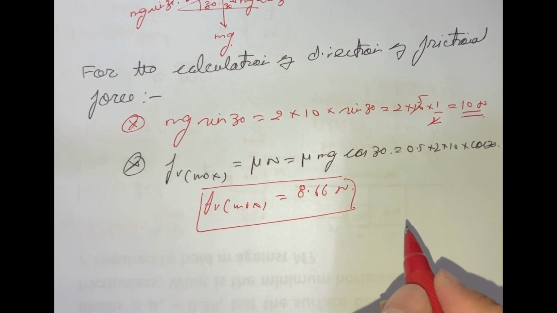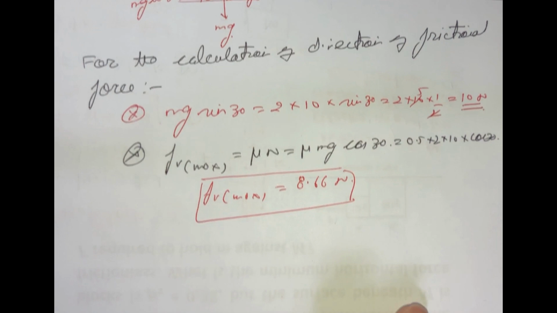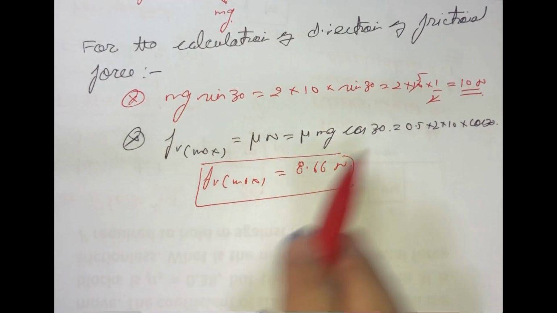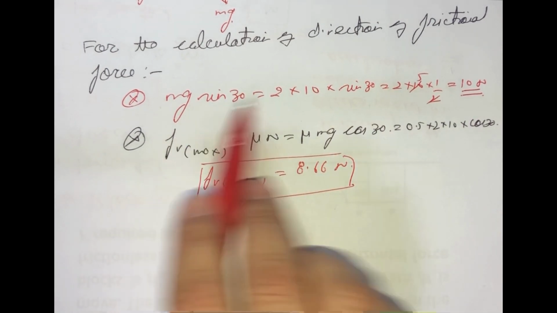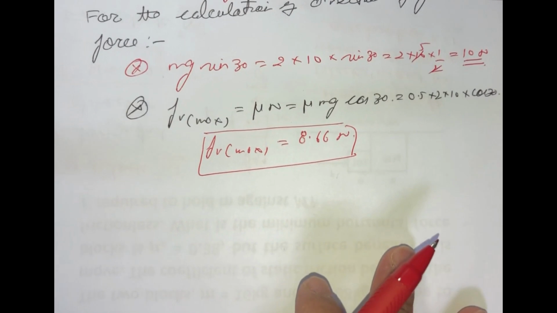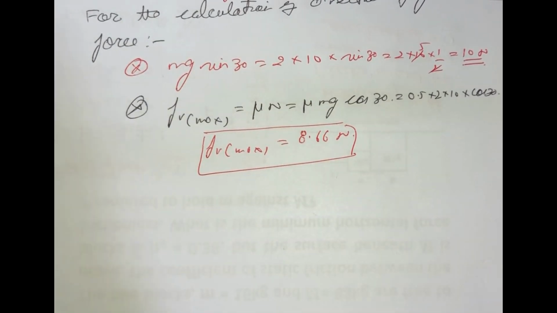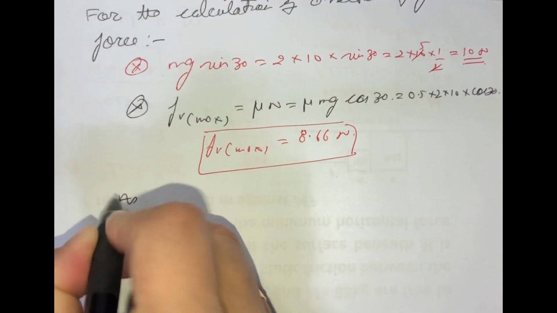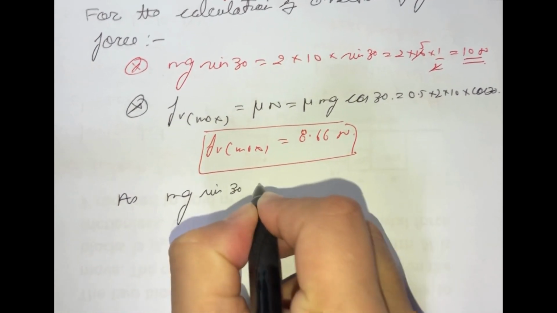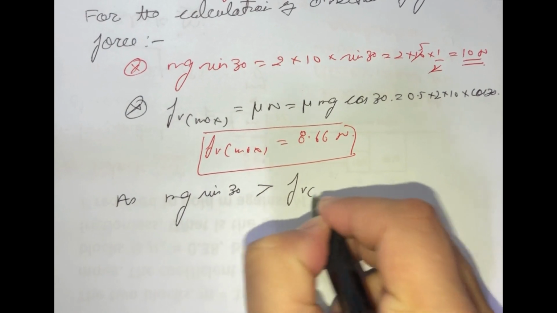Now if we make a comparison between the downward force mg sin theta and Fr max, we can clearly see that mg sin theta is greater than Fr max. The block has a tendency to move in the downward direction, as mg sin of 30 is greater than Fr max.